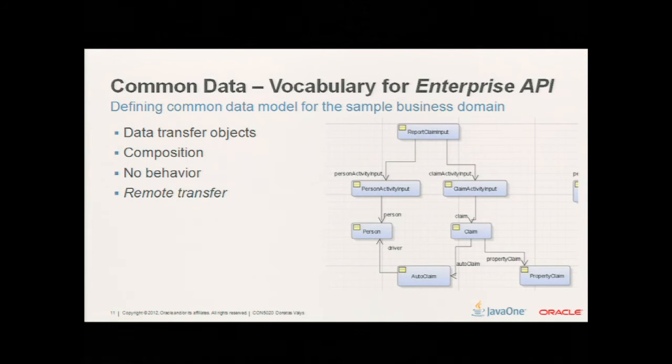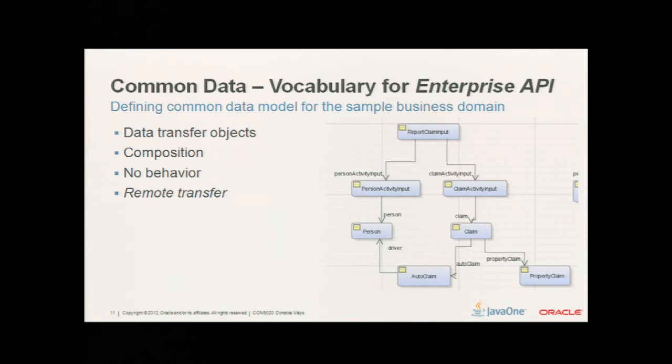So here we come to a common data model. It's a kind of vocabulary for our enterprise API. The pattern behind it is the old data transfer object pattern, and it uses composition to compose data into higher level objects.